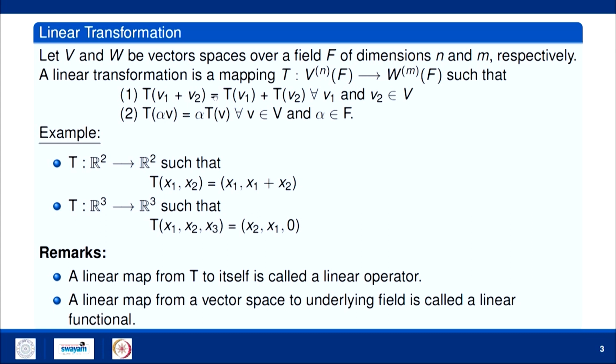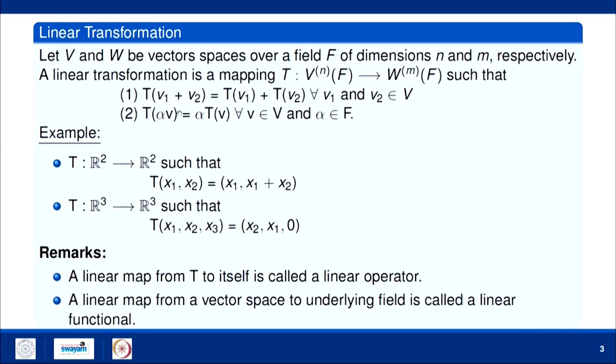The first condition is additivity, that is T of V1 plus V2 equals T of V1 plus T of V2 for all V1, V2 belonging to the vector space V. Here V1 plus V2 is a vector in vector space V, while T of V1 and T of V2 are vectors in vector space W.